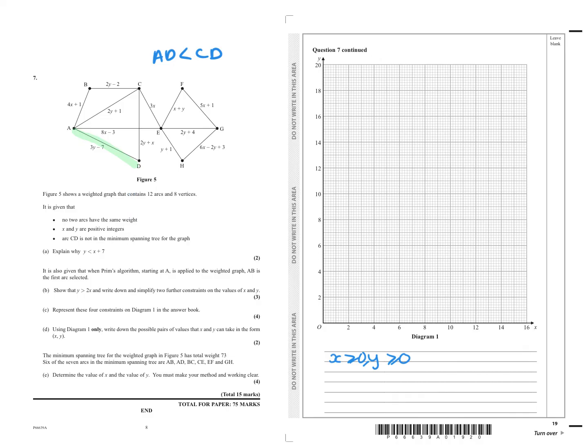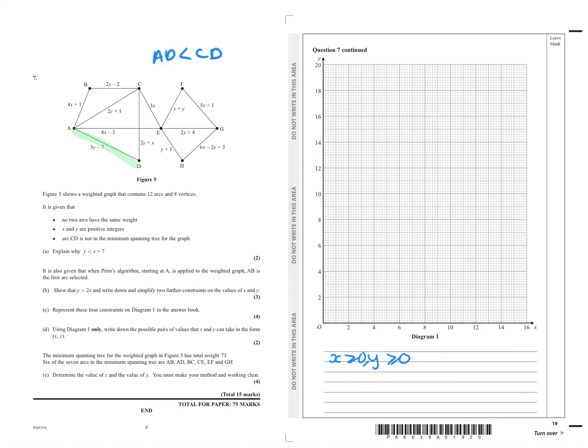If CD was not chosen for the minimum spanning tree, we've chosen AD, which means AD is lower than CD. Can you see how this is a fact that we've probably studied in chapter 2 that they're now using on us? Anything that was in that book and in that syllabus, they could use on us at any point. Just because you don't see it in an exam question often, it doesn't matter.